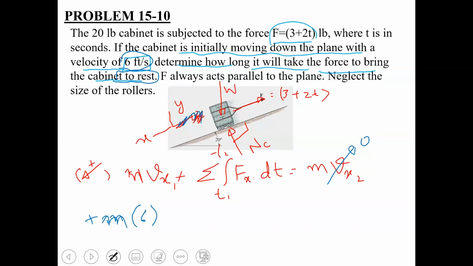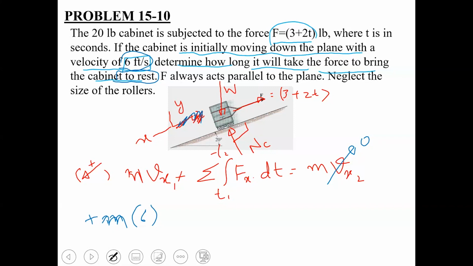Okay, now coming to the center terms which involve impulses, what are the forces that would be creating impulse along the x-axis from the free body diagram? Can you identify those forces which would create impulse along the x-axis? Yes, sir. Weight W and force F. Okay, one is the weight of this cabinet which would be creating impulse along the x-axis.